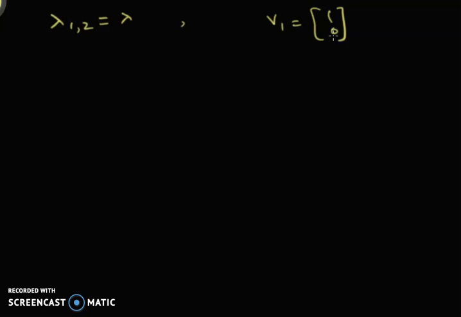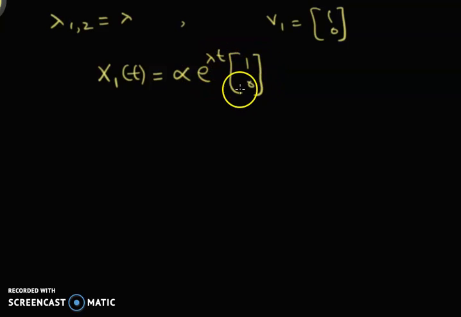And you can recall from your ordinary differential equations course that the first solution will be alpha times e to the lambda t times v1, which is (1, 0).